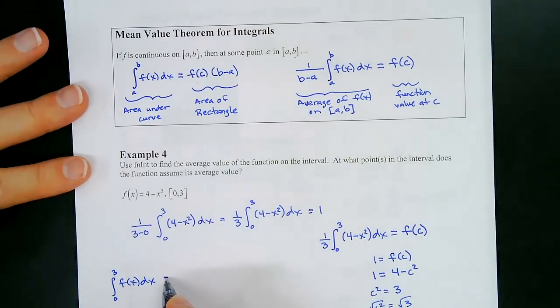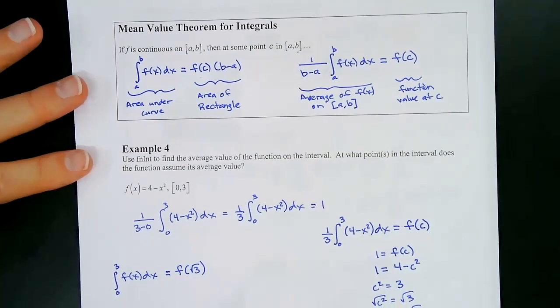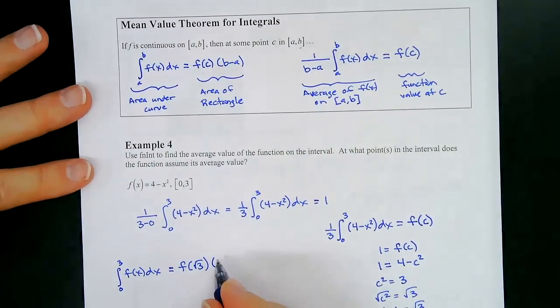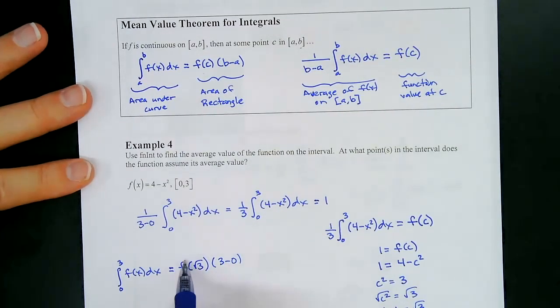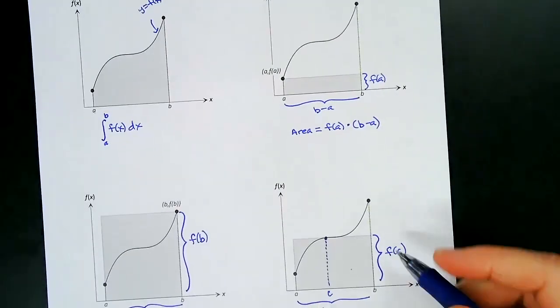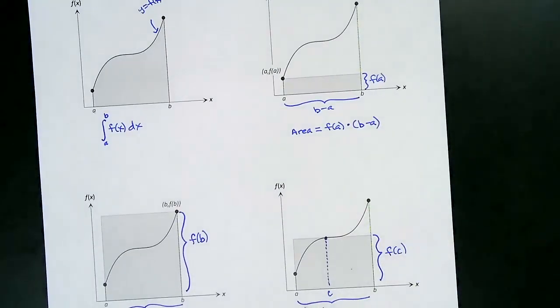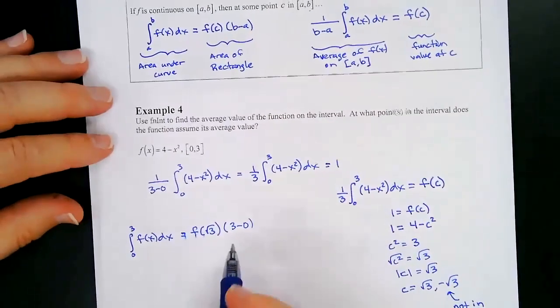That's equal to f of the square root of 3, because that's what we found right here, times b minus a, which would be 3 minus 0. So this is the height of my rectangle, from the previous page. This is the horizontal dimension, okay?